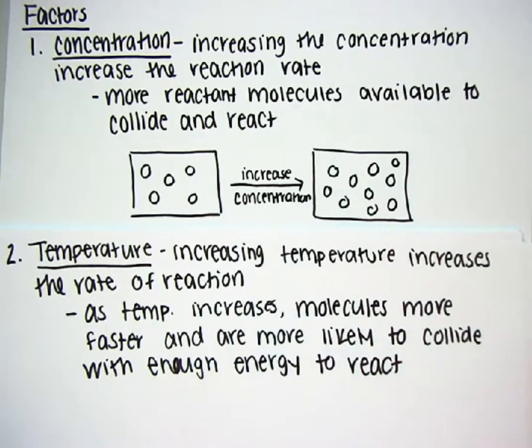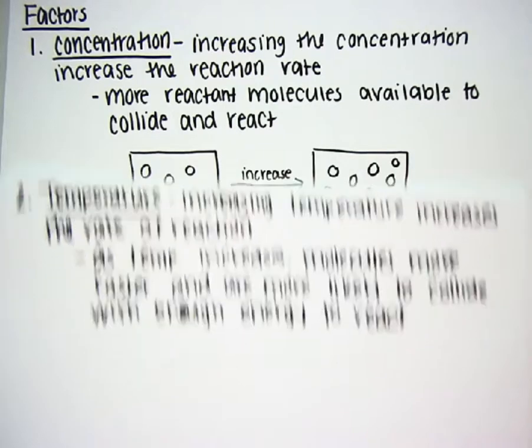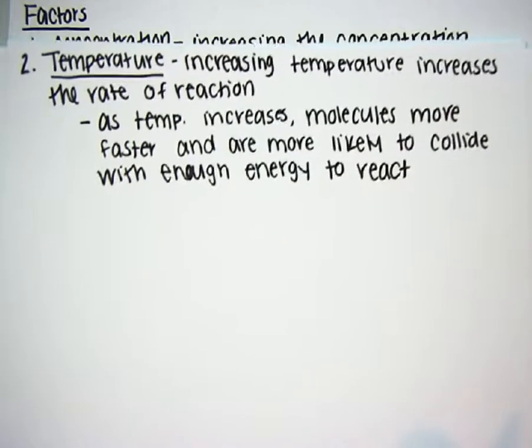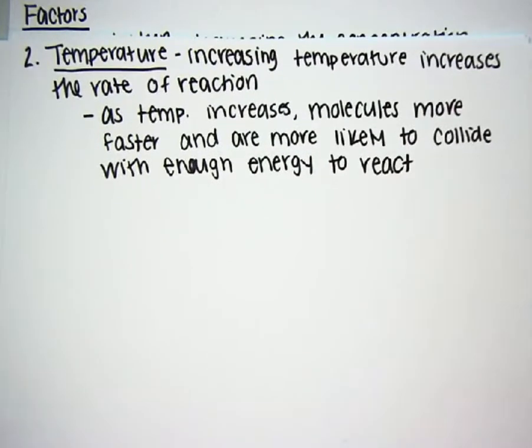If we have some faster moving molecules, we're going to have collisions with greater energy, more chances to reach that activation energy, meaning we're more likely to have a successful collision.